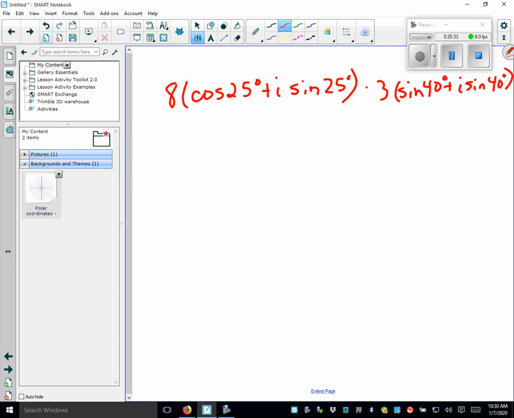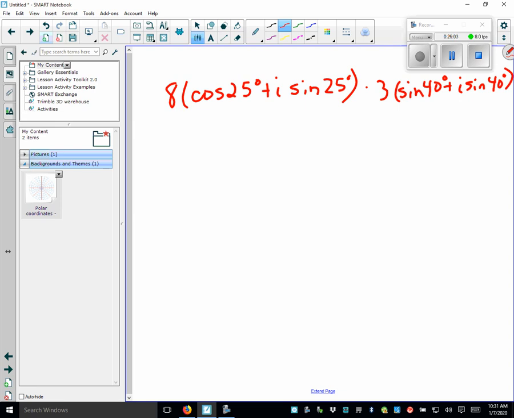Write the product. Leave your answer in polar form. Oh, we did. I do not remember. When we did the product, didn't we multiply the R's and add the angles? Yes.